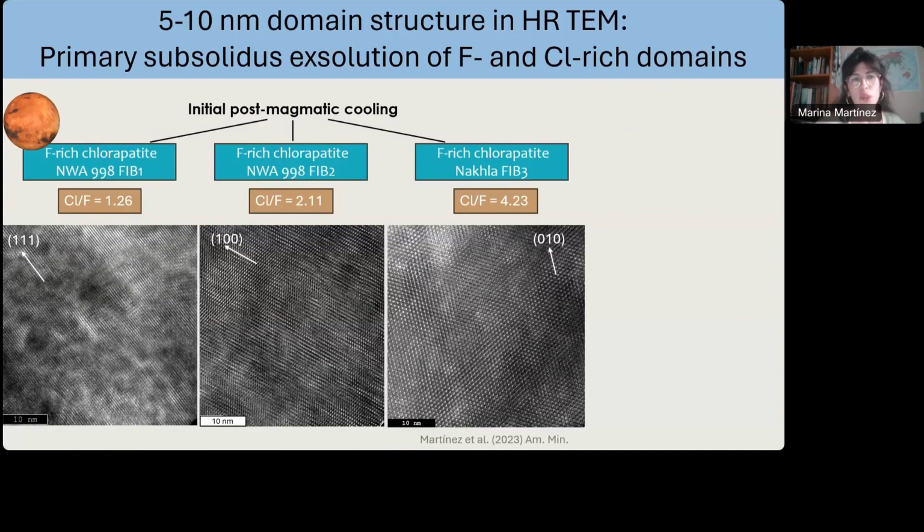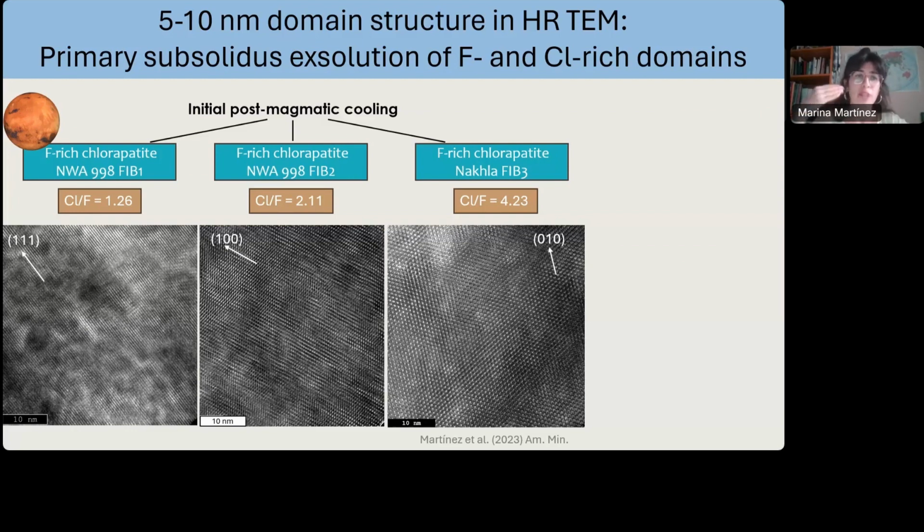When we are closer to 1, that means when we have basically chlorine and fluorine at similar proportions, they are more difficult to stay in the structure together without doing the dislocations and staying together. So we have more chances to develop the nanometer scale domains.